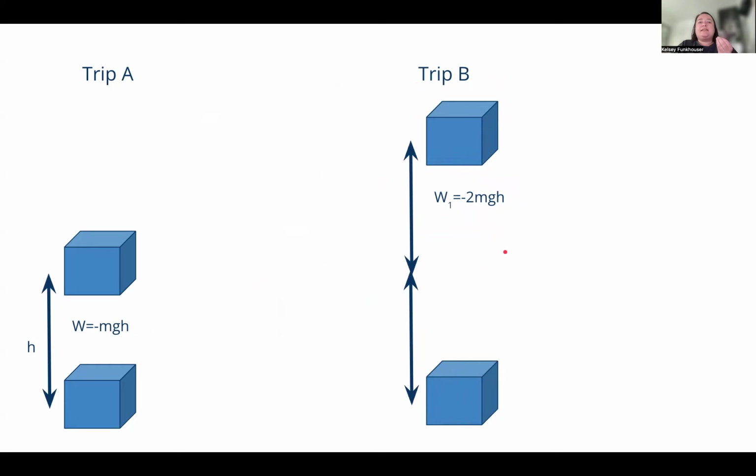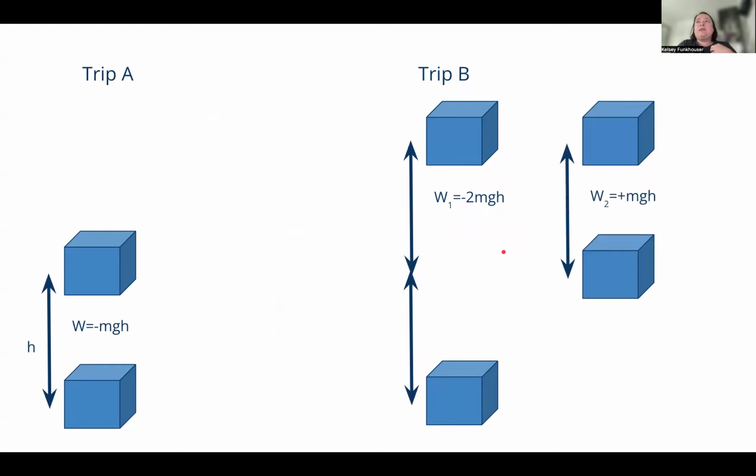In that case, the motion and the force are in the same direction, so we have positive work. So we get positive mgh. If we combine these for the total work done, we get negative mgh, which is the same as the direct path we took instead of this extra windy path, excuse me.